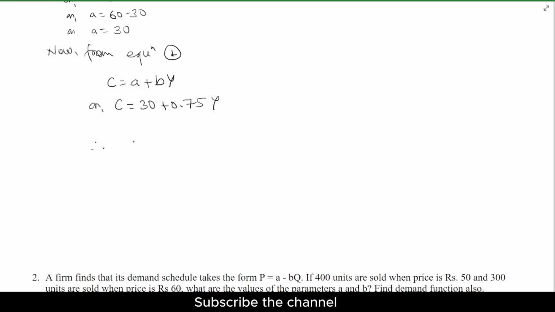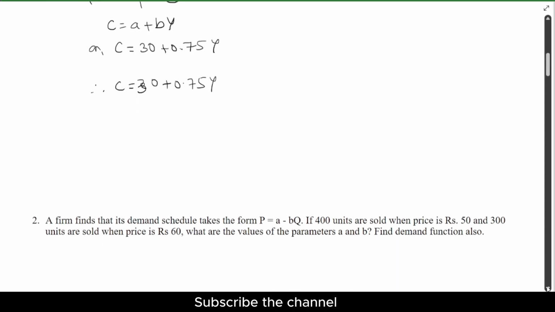Therefore C equals 30 plus 0.75Y. This is the required function. Now moving towards the second one, let's move on to the second question.